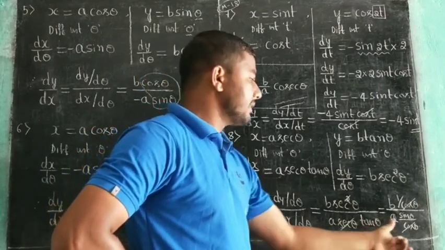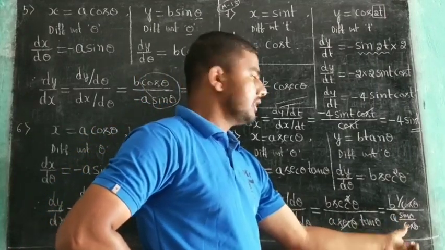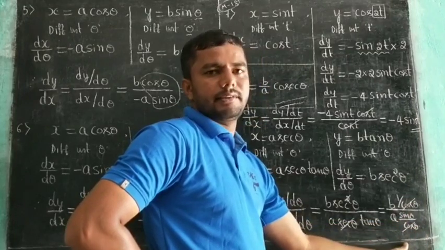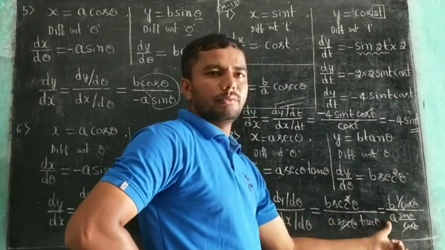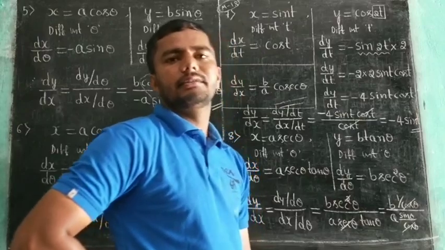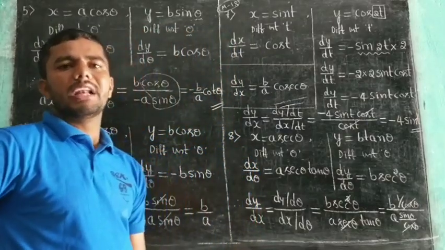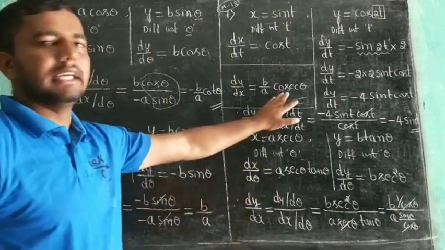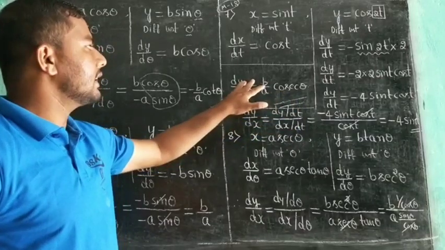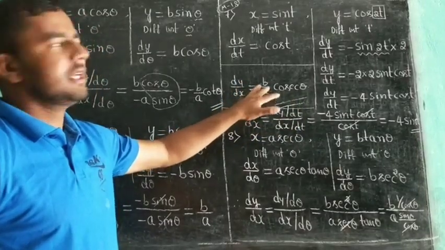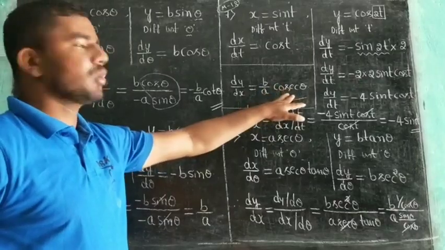Tan theta is nothing but sin theta by cos theta. Cos theta are cancelled. b by a into 1 by sin theta. The value of 1 by sin theta is cosecant theta. So the final answer is dy by dx is equal to b by a into cosecant theta.